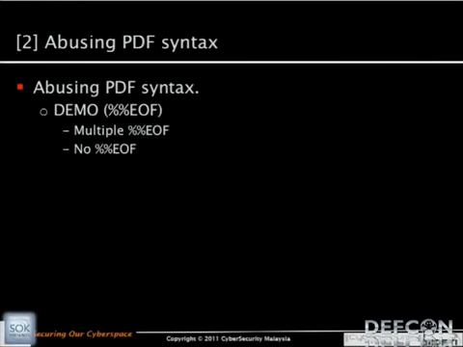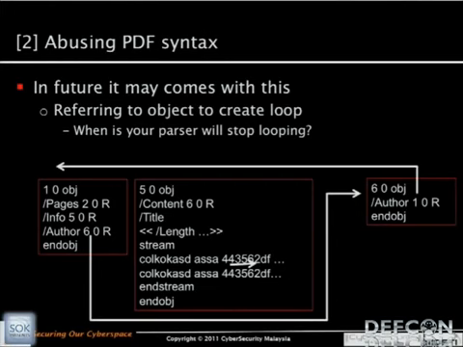When you're building the parser, it's very tricky to find a starting point and try to parse every single object within the PDF. For example, a PDF can have references between objects that create a loop.